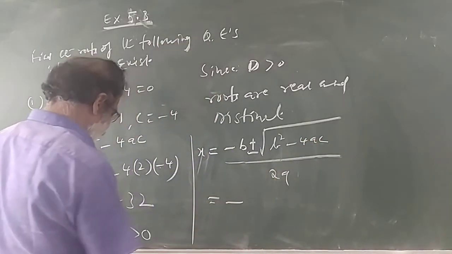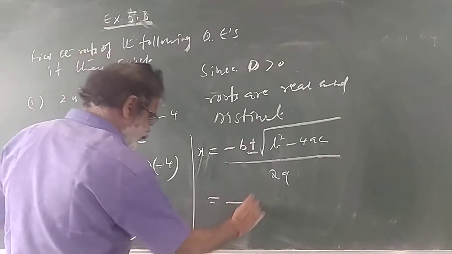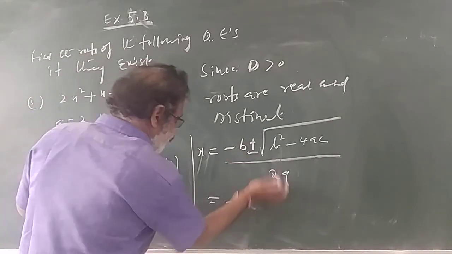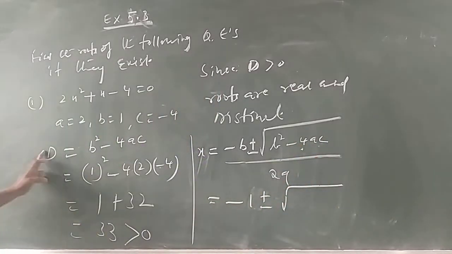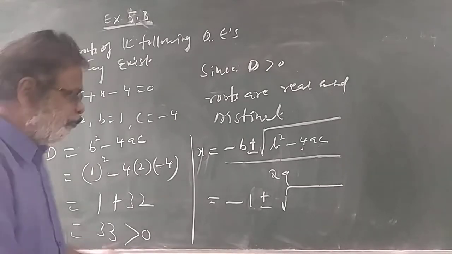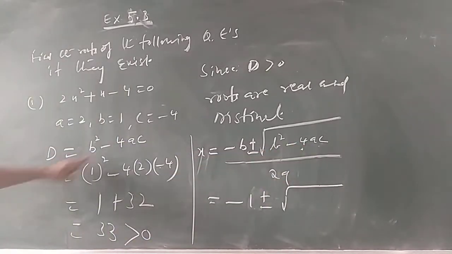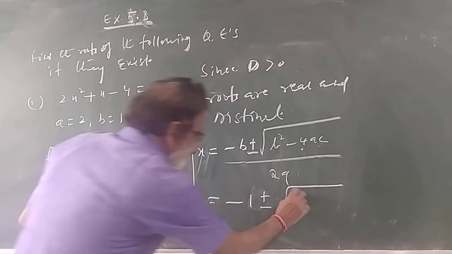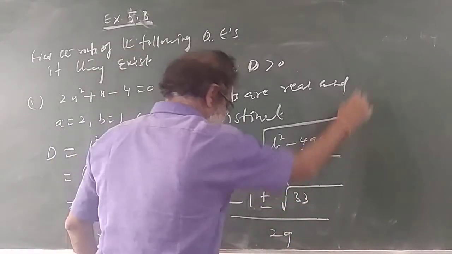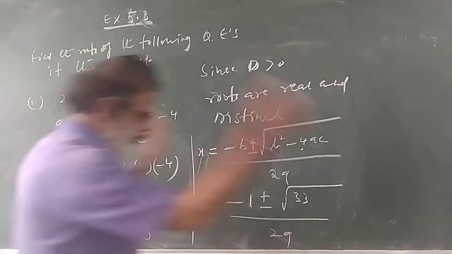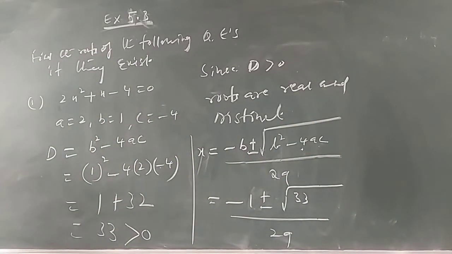So minus b, b value is 1, plus or minus under root b square minus 4ac, which we already did: it is 33, over 2a. Just leave it like that. This is the roots.